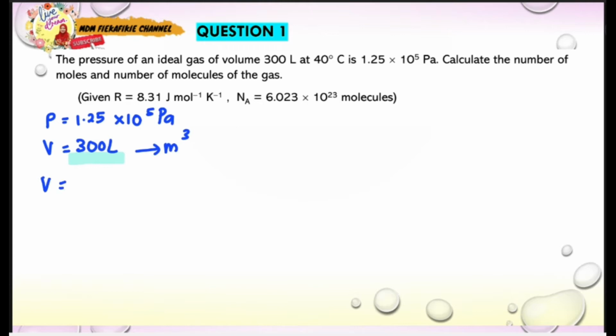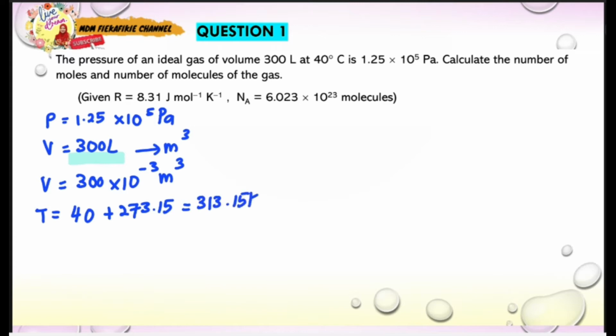So volume is equal to 300 times 10 power of negative 3 meter cube. And then we have the temperature. Make sure to add 40 degrees Celsius plus 273.15, so the temperature in Kelvin is 313.15 Kelvin.